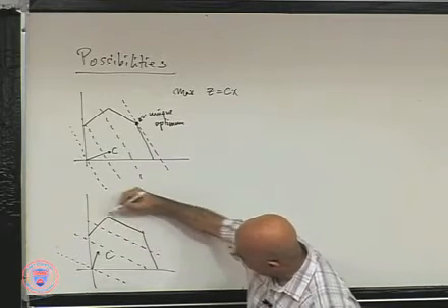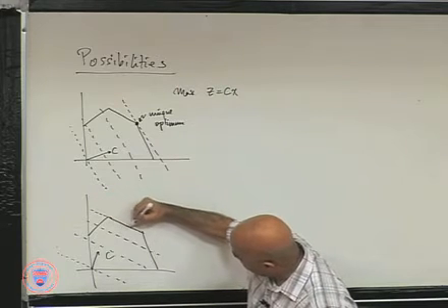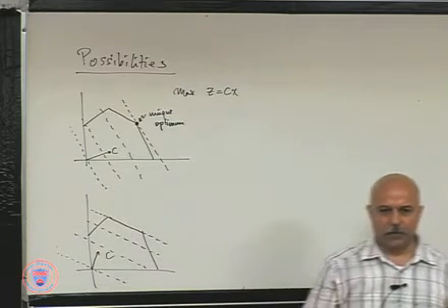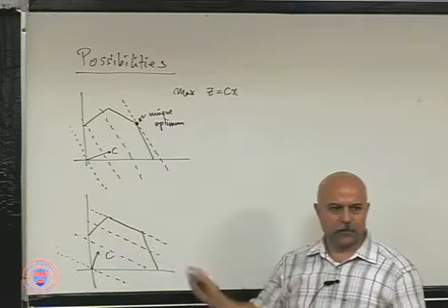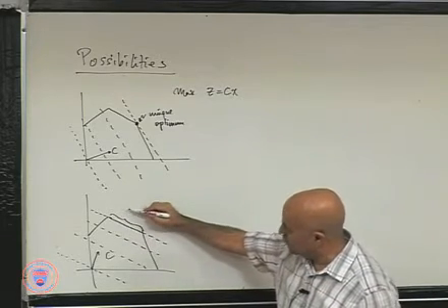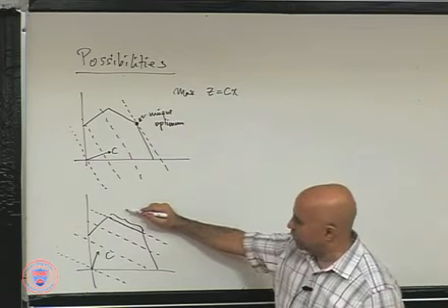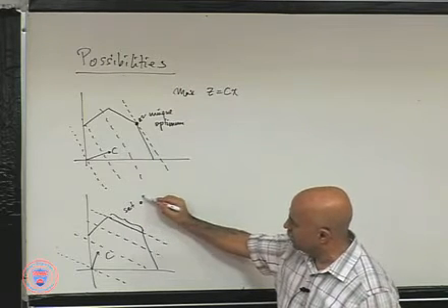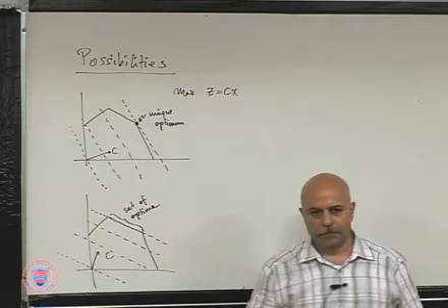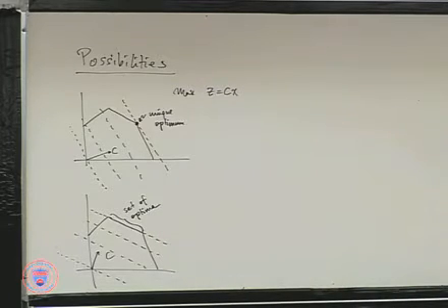So it goes like this, and finally it actually coincides with one of the edges of the feasible region, and in this case, of course, everything here is optimum. So this is the set of optima. You've got multiple optimum solutions.